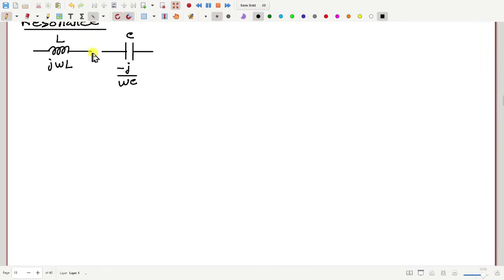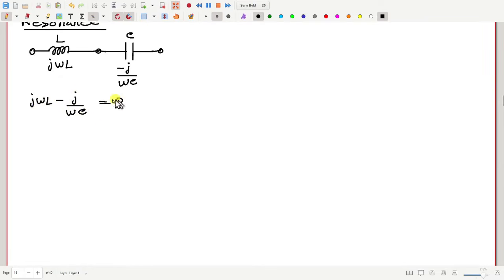So if we connect them in series, they may cancel each other. So it may happen that j omega L minus j by omega C is equal to 0.